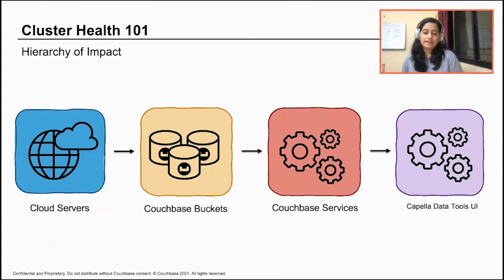We've also gone one step ahead to understand how the unavailability of the Couchbase service, such as a query service or the index service, impacts the data tools that Couchbase Capella provides on the UI. Couchbase Capella provides a bunch of data tools so that you can interact with the Couchbase cluster directly, such as the query workbench, the indexes UI, and we have the documents editor.